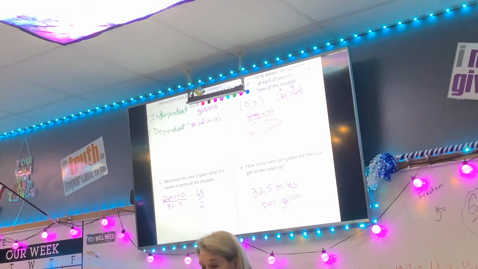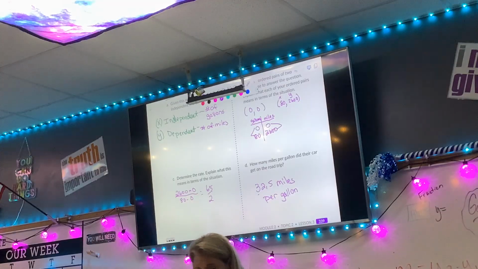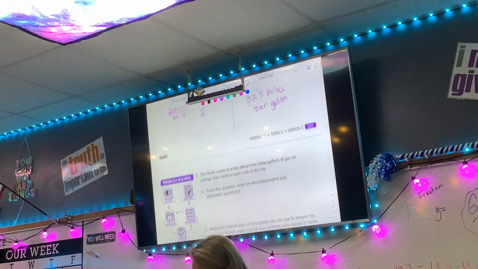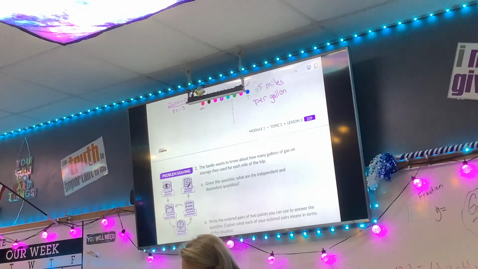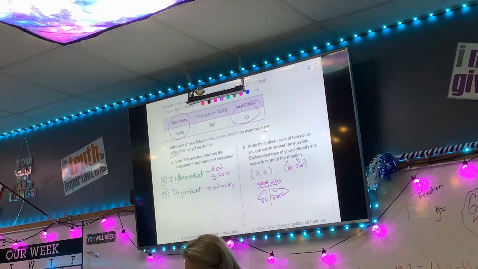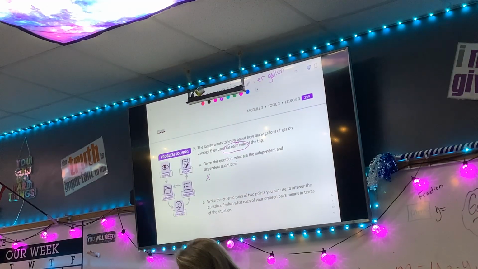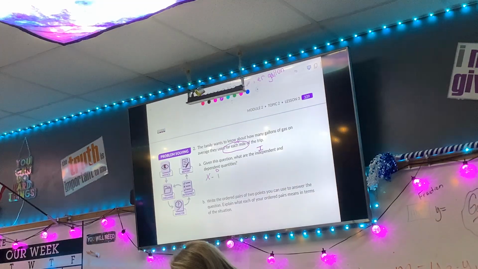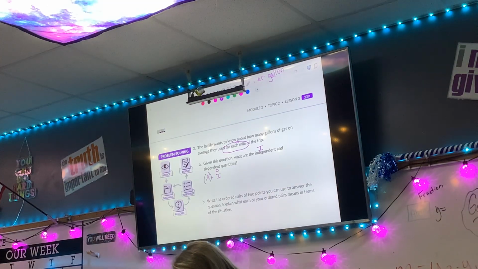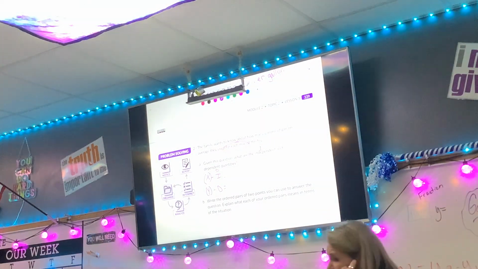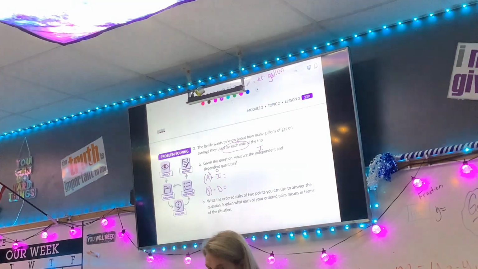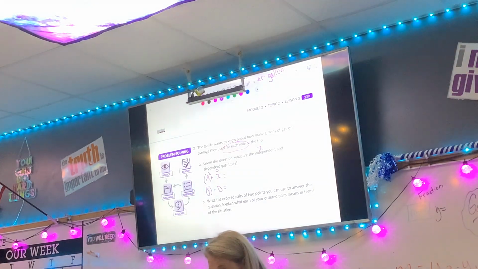Now, look at the next problem. It is talking about the same information, but this time the family wants to know how many gallons of gas they would average for each mile of the trip. So are y'all okay to put an I for independent and a D for dependent? Okay, make sure you write that so you know that's what you're doing. So now as I read this, what would my independent be?